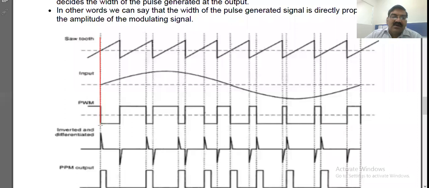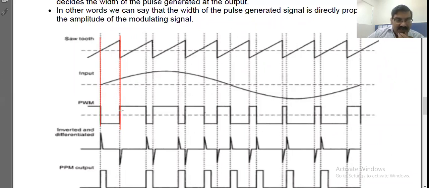I'll draw a line. Now you just see in this interval the output here. This sawtooth has higher amplitude as compared to this. So what you can say here, the negative pulse is there.